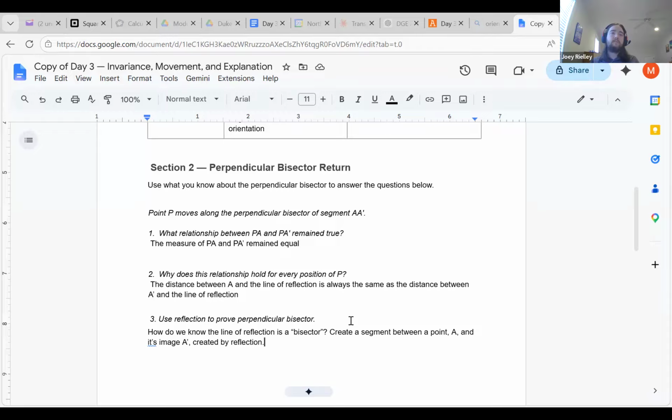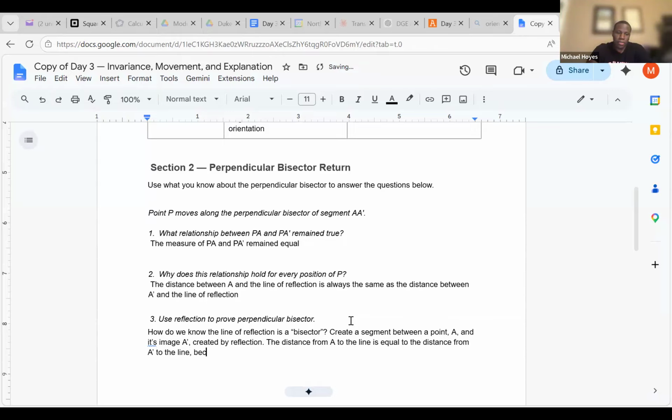The distance from A to the line is equal to the distance from A prime to the line because reflection preserves distance.